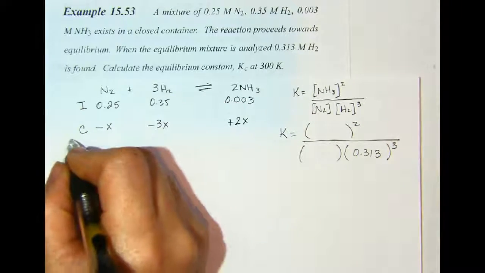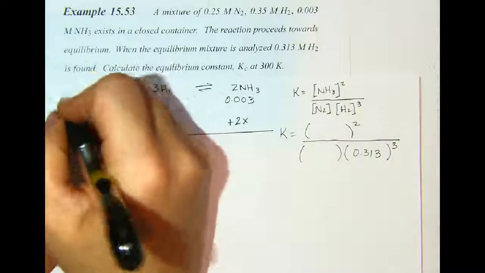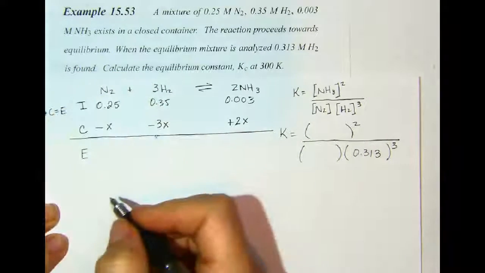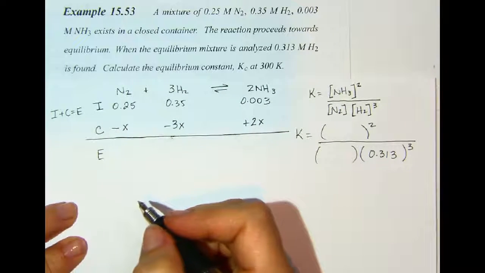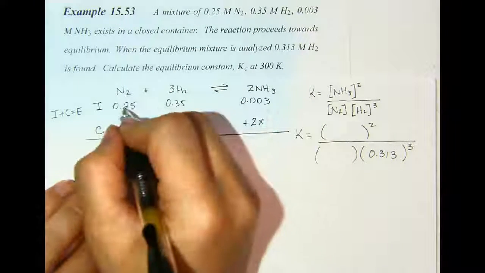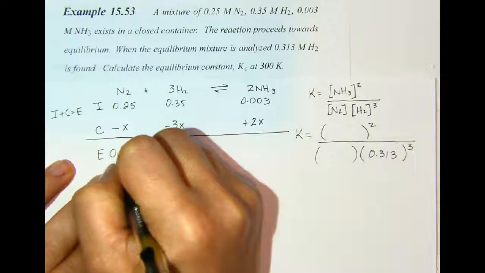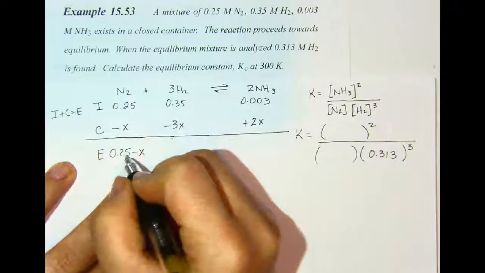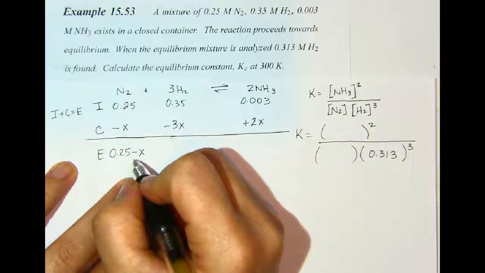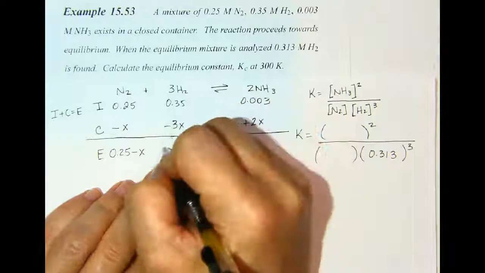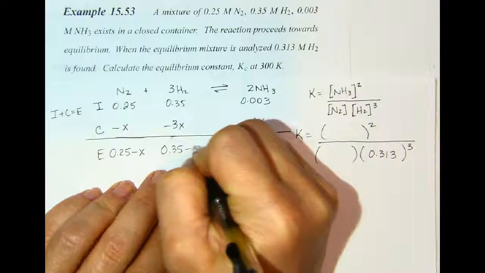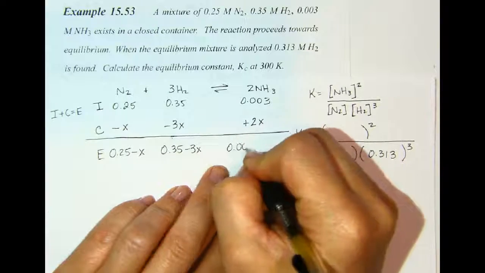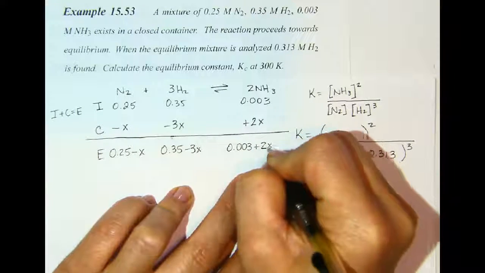Now, you always want to take your I plus C, and that is equal to E. I plus C is equal to E. So 0.25 plus C, or minus x, so combined I and C, and that's going to make my E. Hydrogen is going to be 0.35 minus 3x, and ammonia is 0.003 plus 2x.